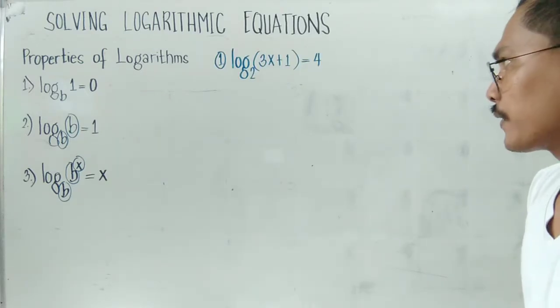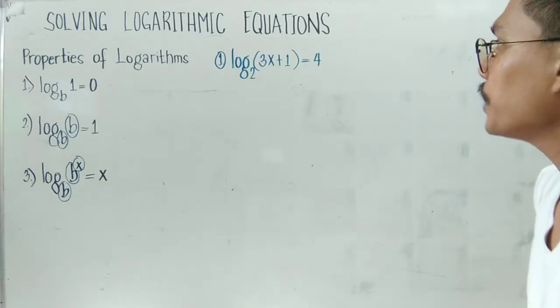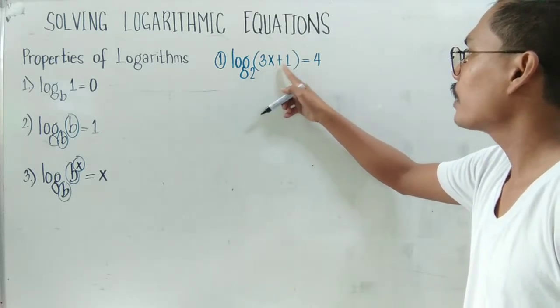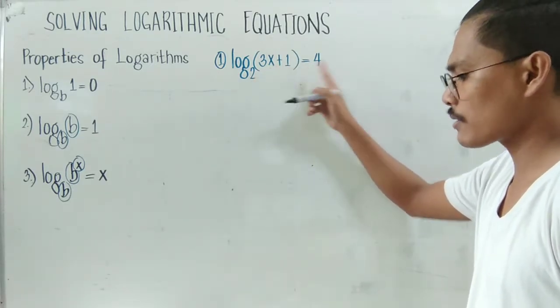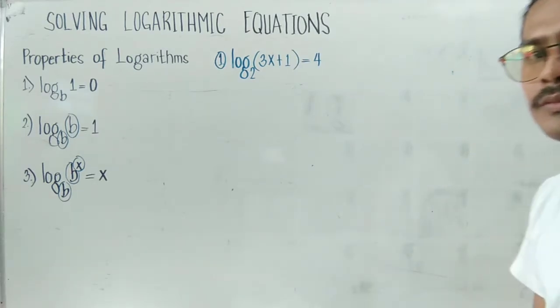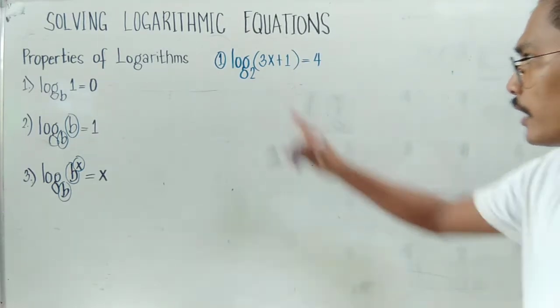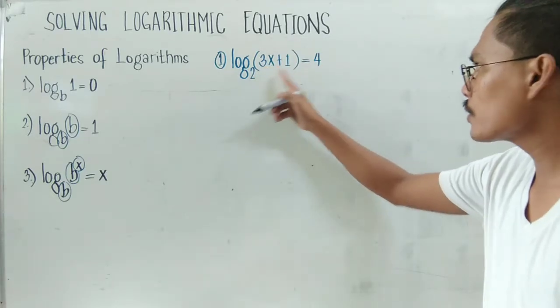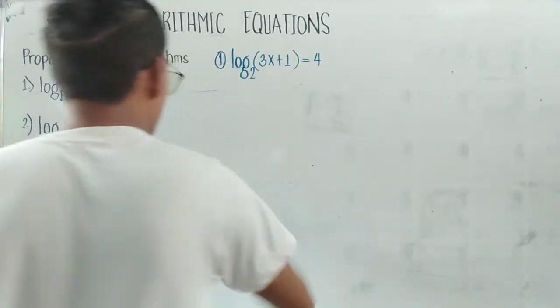Okay, so let us try your first example. On the board, we have log of 3x plus 1 base 2 equals 4. Okay, again, log of 3x plus 1 base 2 equals 4.